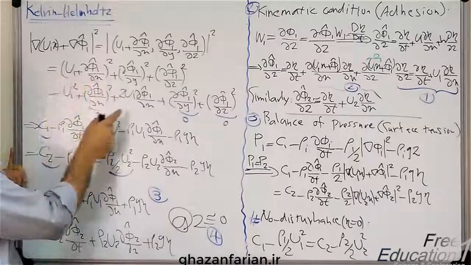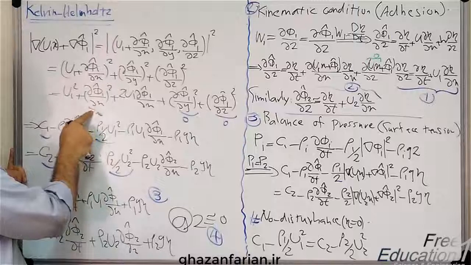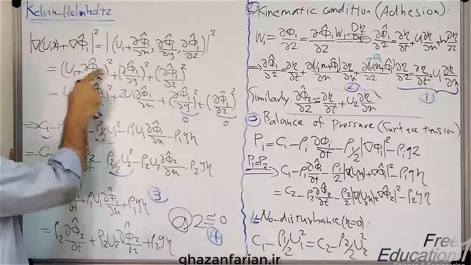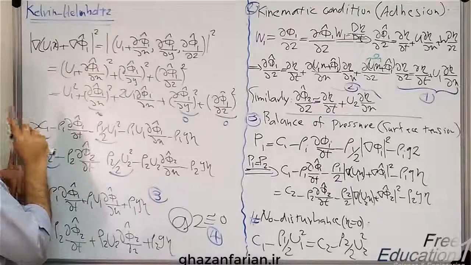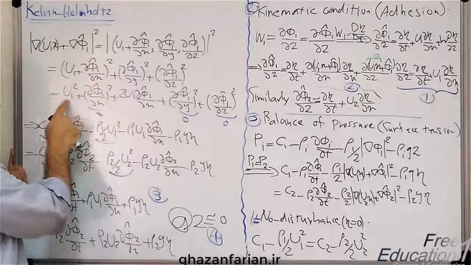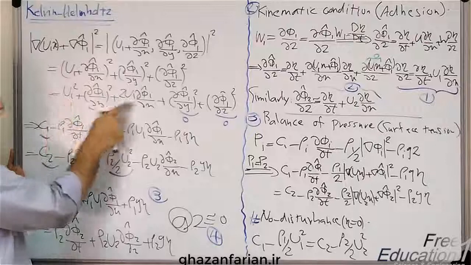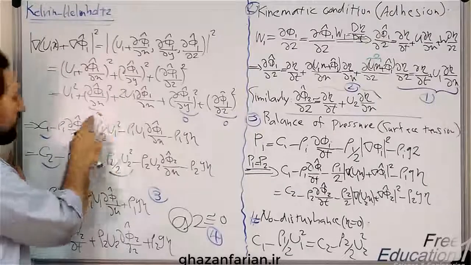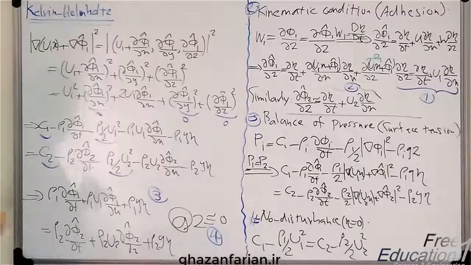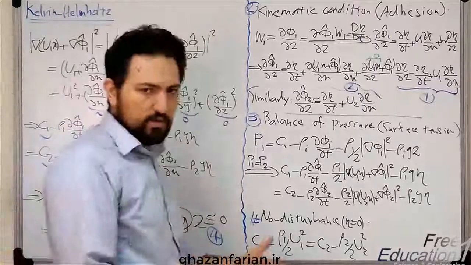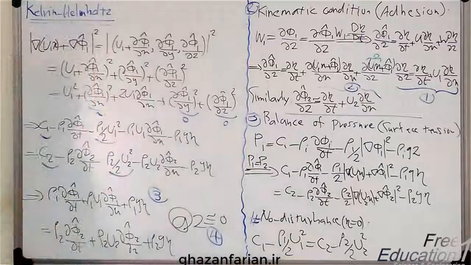Expand this term; again another second order term appears during the expansion. So we have only this zero order term, and this is the first order term. Ignore the 3 other second order terms. This is the linearization of this dynamic condition.